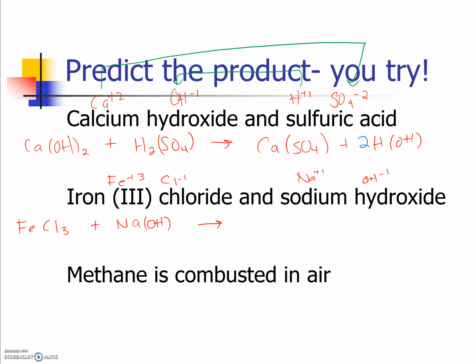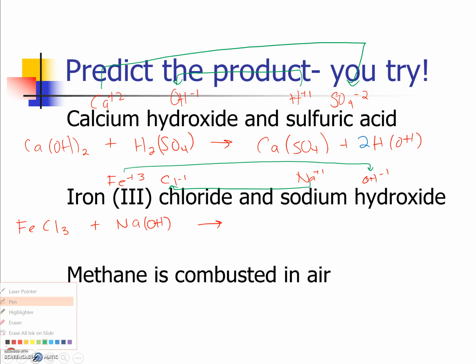And I'm going to perform a double displacement, which means again, this guy will combine with this guy, and this guy will combine with this guy. So Fe goes with OH. I have to make sure I use my parentheses. FeOH3 plus NaCl.